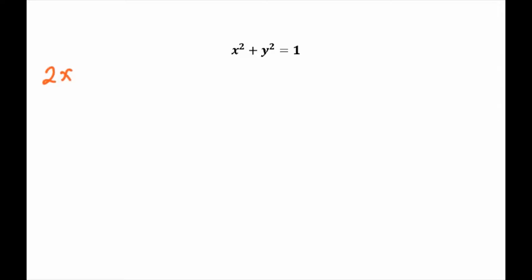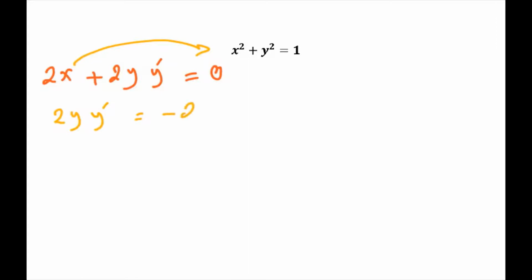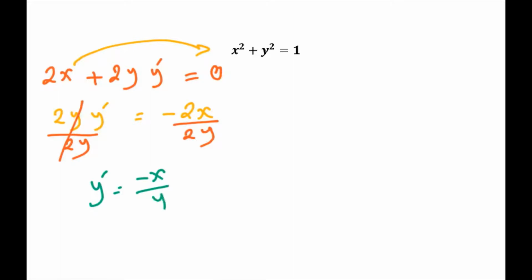The derivative of y squared is 2y, y prime, dy over dx, equals the derivative of 1, which is 0. Try to solve for y prime, move the 2x. So 2y y prime equals negative 2x. And then divide both sides by 2y. So y prime will be equal to negative x over y.